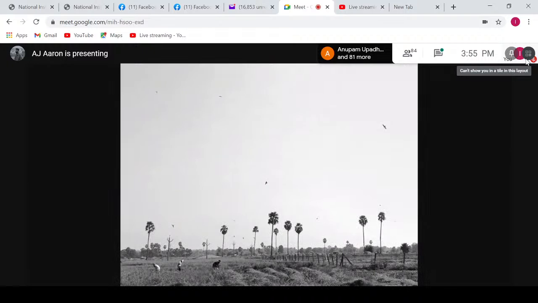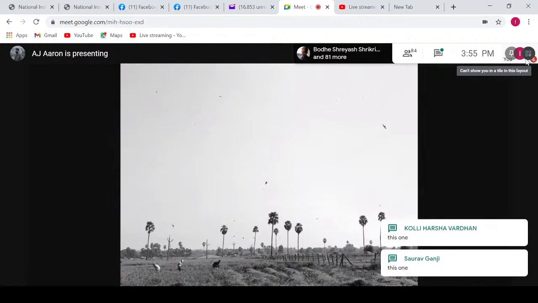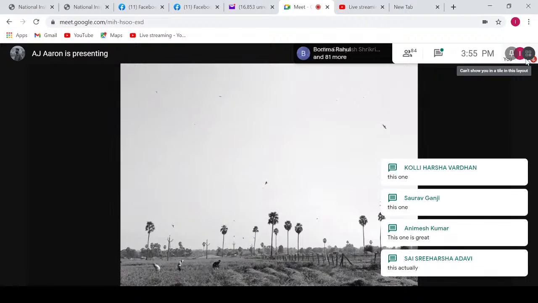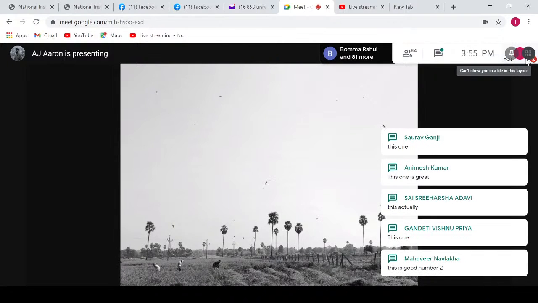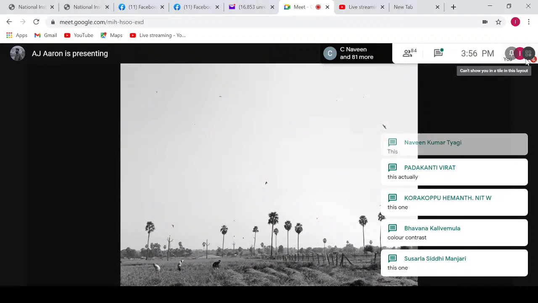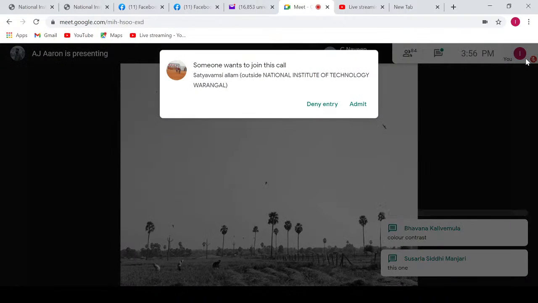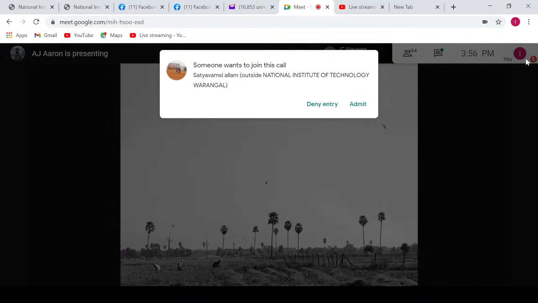Guys, what do you think about it now? Which one did you like better? Looks like a lot of them like this one better. Even I think, when I look at both the images, I like this one better.